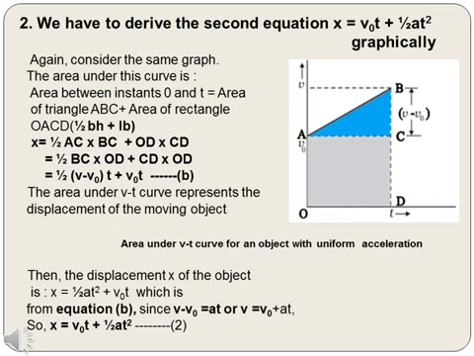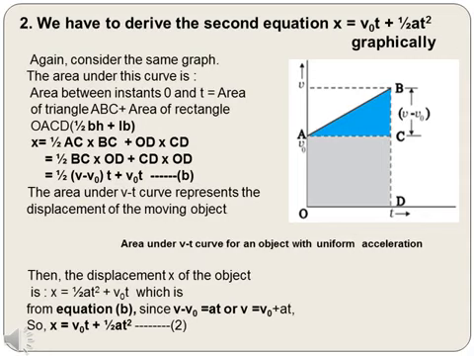You had studied another important application of the velocity-time graph in the previous class. What is that? The area enclosed by the velocity-time graph with respect to the x-axis or time axis gives the distance traveled by the body in the corresponding time interval.